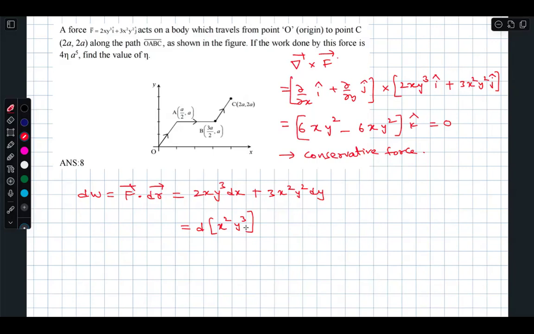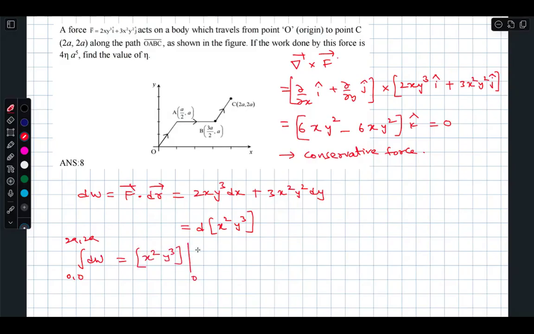Once I confirm that it is a conservative force, it depends only on the initial and final point. Otherwise, did you think I would do O to A W1, A to B W2, B to C W3? So therefore the total work done from 0, 0 to 2A, 2A is x square y cube.